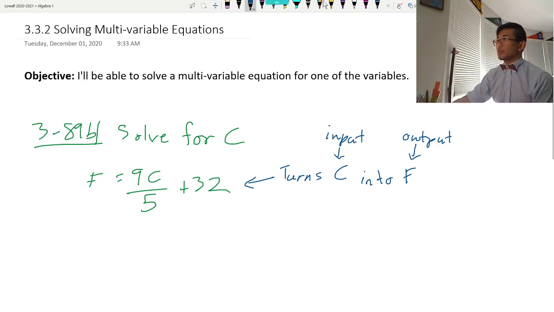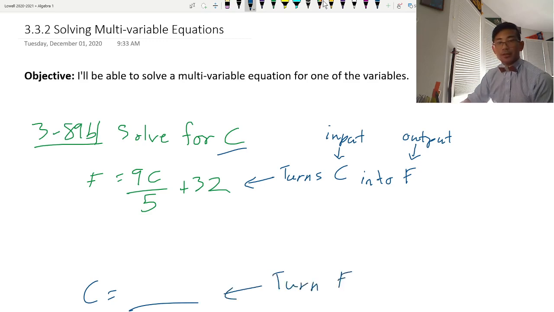What we're trying to do is solve for C. We want to create an equation, C equals something, that takes a Fahrenheit temperature as the input and outputs the temperature in Celsius.